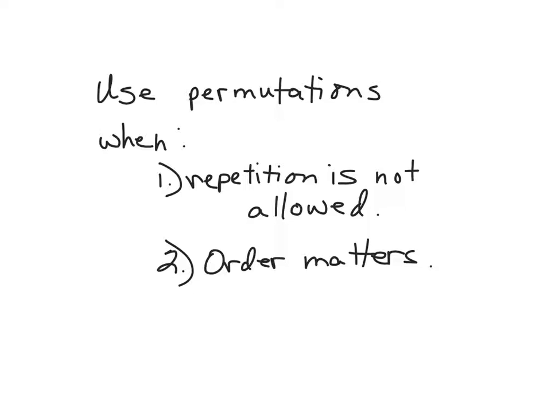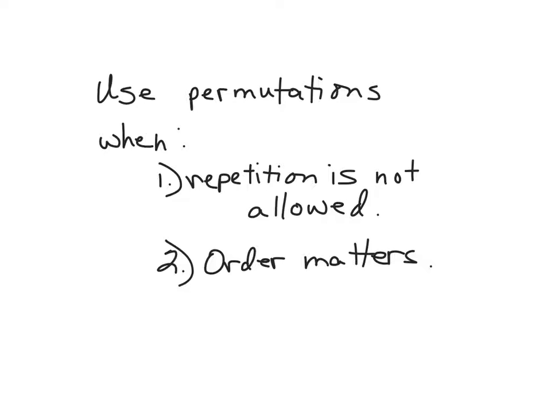Some examples from yesterday: if we were picking 2 people for president and vice president, if we pick Dave then Evelyn, Dave's the president, Evelyn's the vice, that's different than Evelyn then Dave, because then Evelyn's president and Dave's vice president. In that case, order would matter. An example of order not mattering would be if we're picking 2 people to serve on a committee, then Dave, Evelyn, and Evelyn, Dave are the same committee. So in that case, order would not matter. We're going to use permutations when order matters.